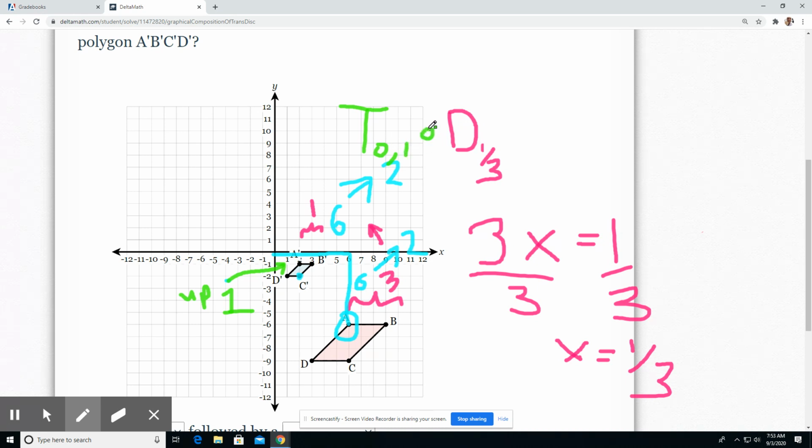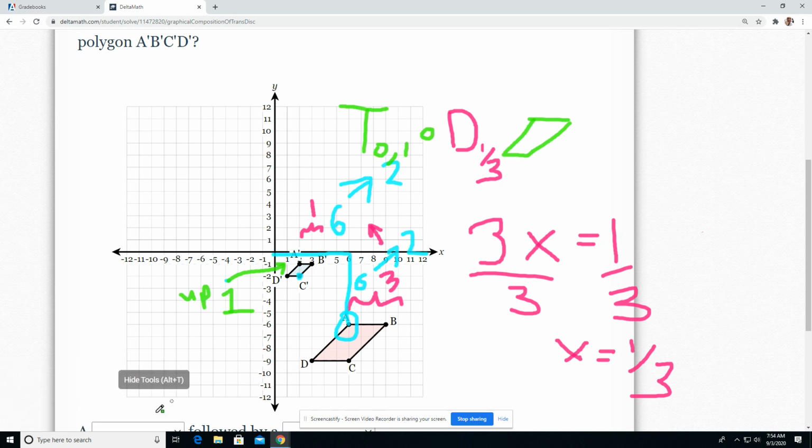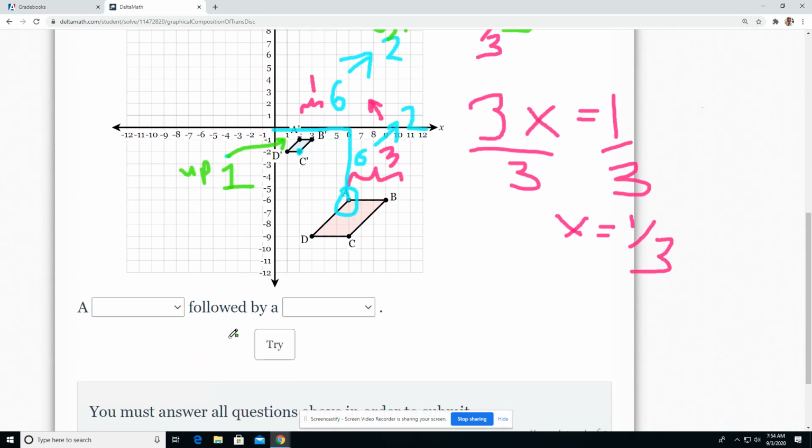So this is a composition of the original, so whatever that shape is. So here's my shape. First we're going to dilate it by 1/3, and then I'm going to translate by 0, 1. And let's go ahead and fill that in.